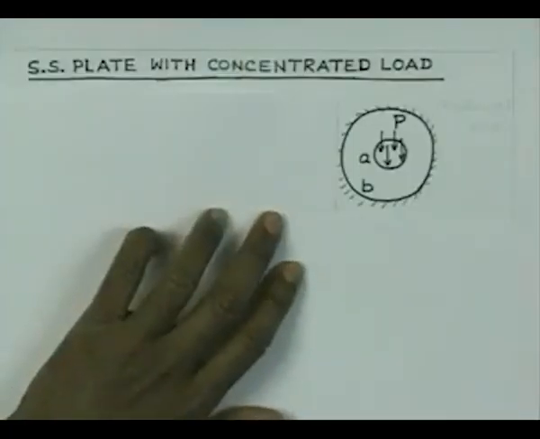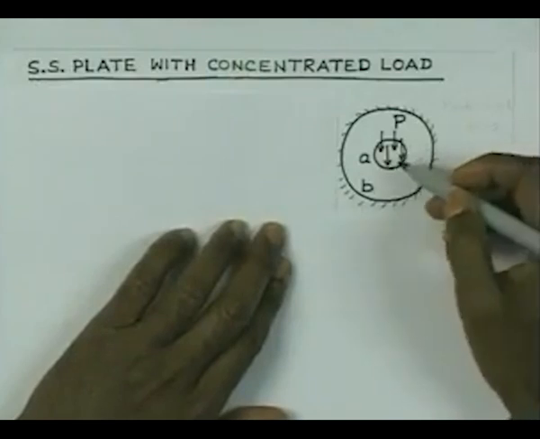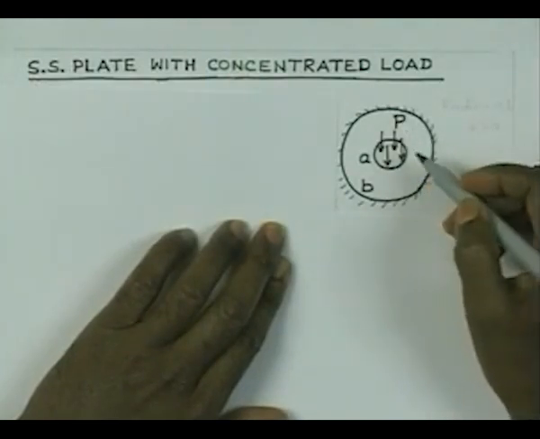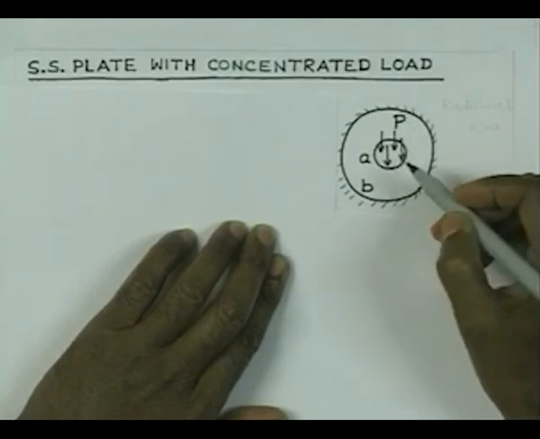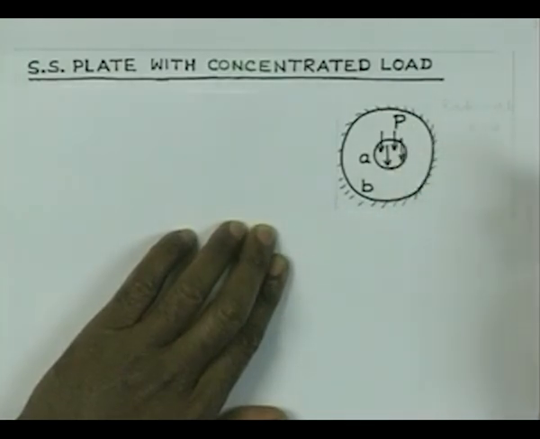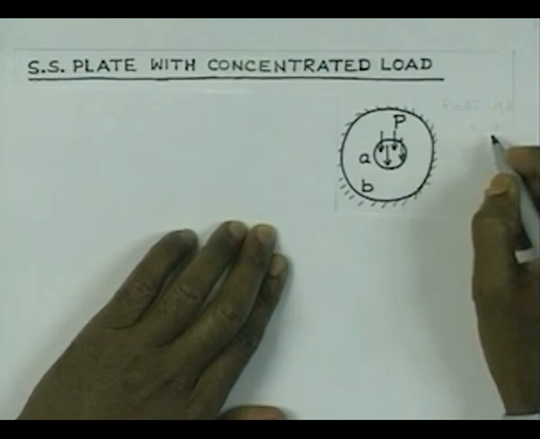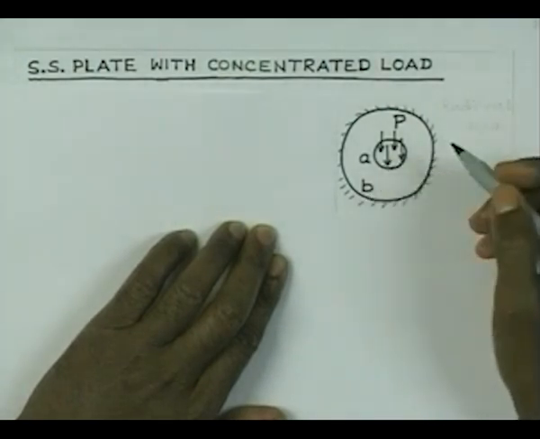Let us consider today if we have the plate simply supported at the edges and loaded by a concentrated force at its center. So, we consider the plate to be like this. Let us consider that this load P, to begin with, is distributed over an area of radius a at the center, and obviously we are talking about a case where a is very small compared to the outer radius b.